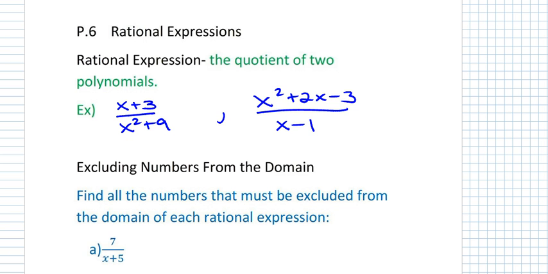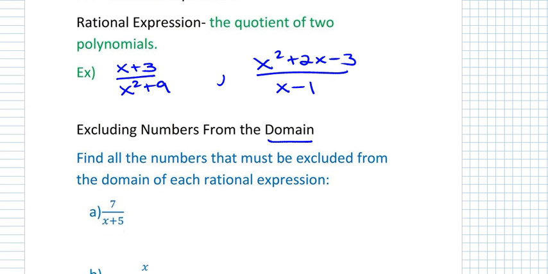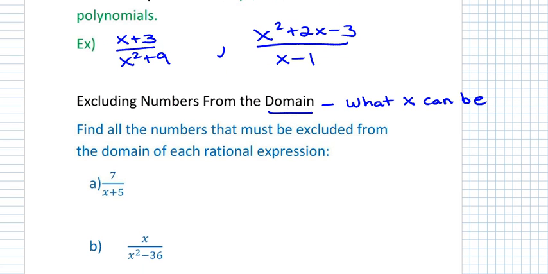Excluding numbers from the domain. Remember, the domain by definition means what x can be, like what numbers you can put in for x. So when you're asked to find all the numbers that must be excluded from the domain in each rational expression, remember one thing.